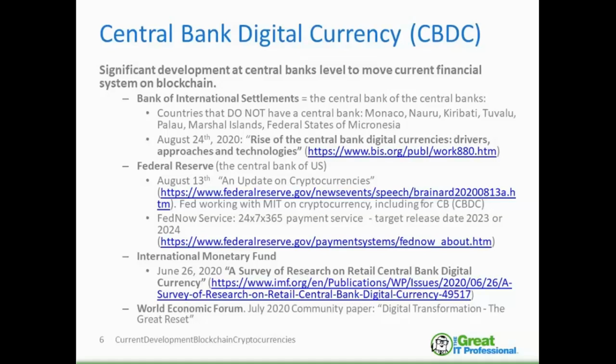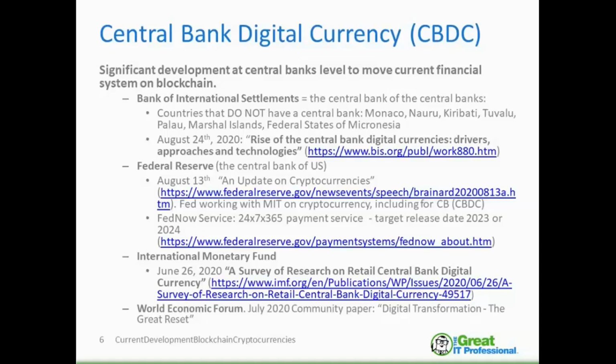A central bank, if we refer to the Central Bank of the United States, the Federal Reserve Bank, is a private institution that creates the currency, and then the government borrows the currency from the central bank, and this currency has to be paid back with interest. So this is the current setup in the whole world.